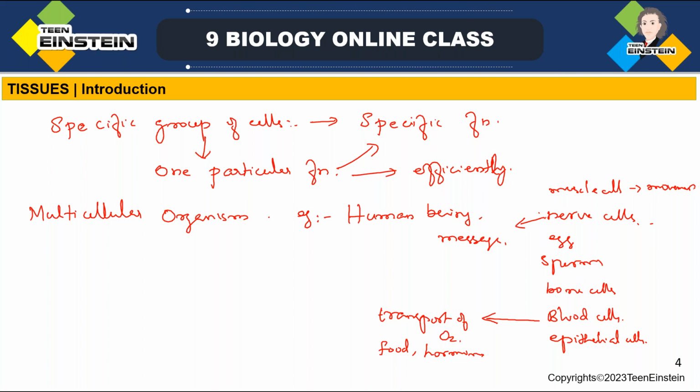So each and every cell or group of cells, like muscle cells, have a specific function, which is helping for movement, right? Nerve cells are helping for passing messages all over the body, right? Then egg, sperm, all these are helping for reproduction, right? These cells are meant for reproduction.